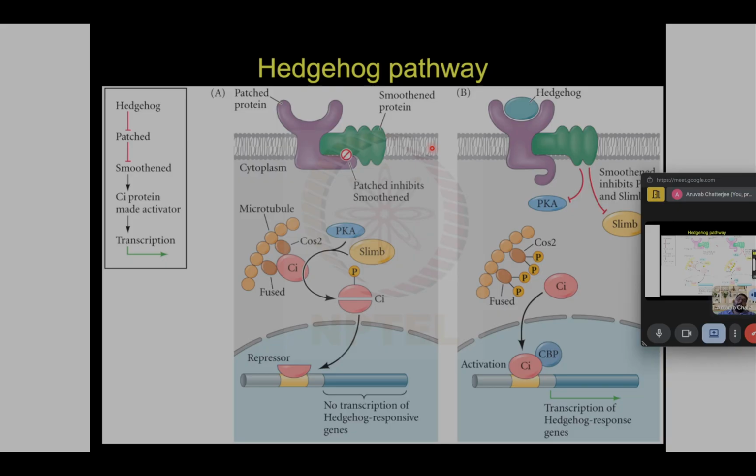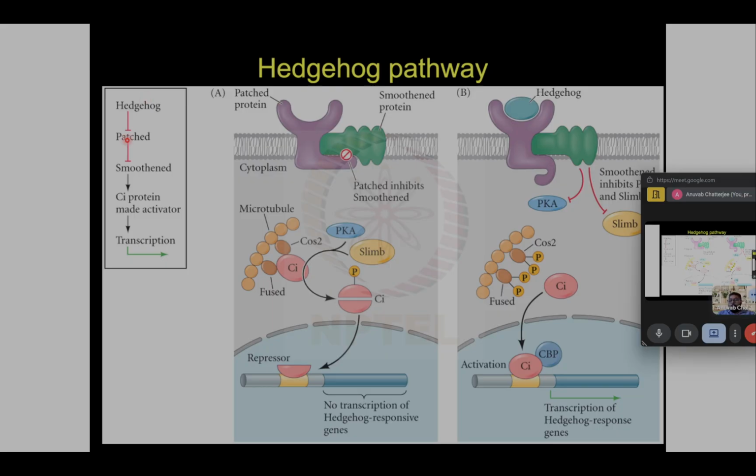Smoothened enters this complex when it is not deactivated by patched, and then essentially the same cascade occurs, but the protein names are different, which are the higher eukaryotic versions.